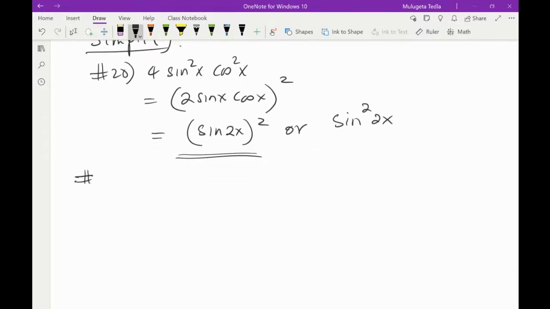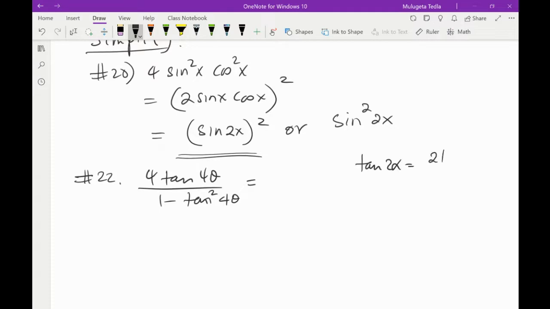Next question is number 22. We will be on break at 9. 4 tangent of 4 theta over 1 minus tan squared of 4 theta. Do you recognize this? The only problem is the 4. I could have recognized it, but there is no 4 in the formula. What is tangent of 2 alpha?